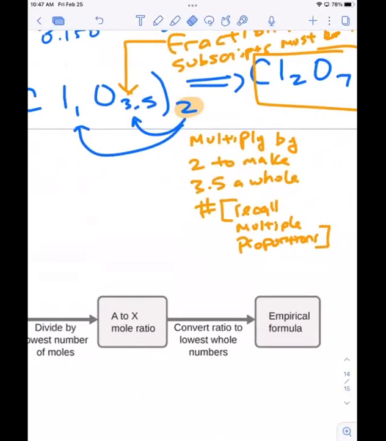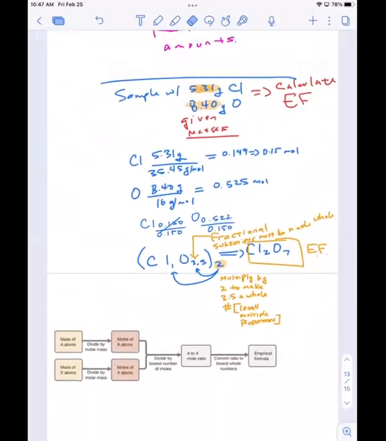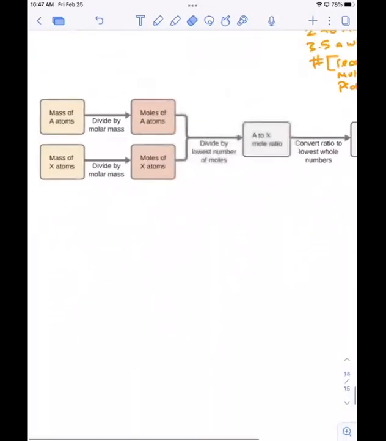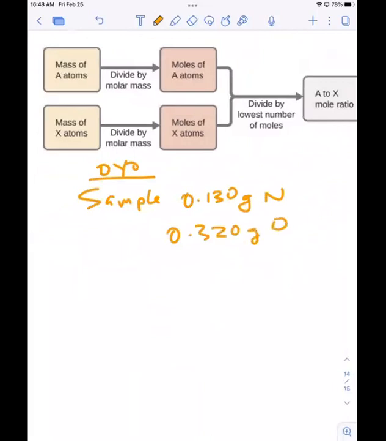Any questions? All right, I want you to work on this over the weekend. Just play with it. We have a sample that contains 0.130 grams of nitrogen and 0.320 grams of oxygen.